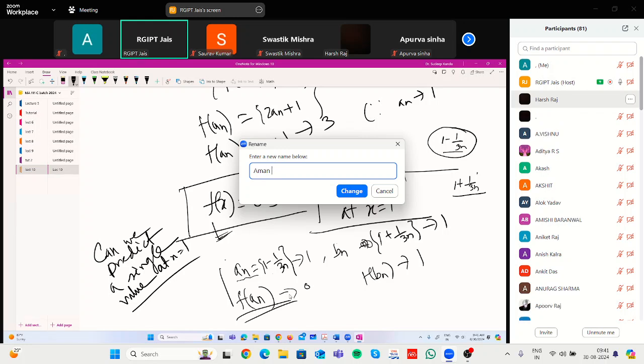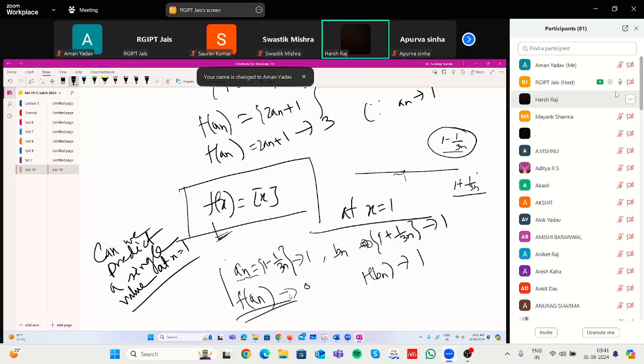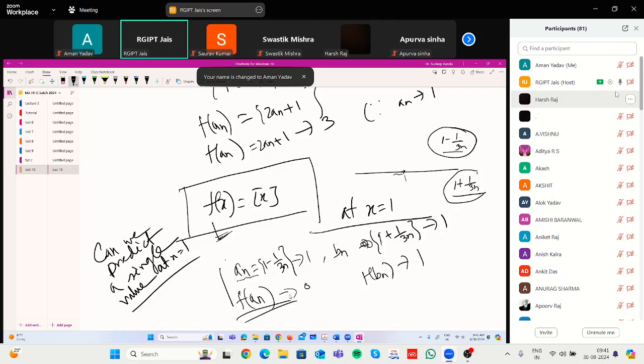Where does this sequence converge? Also to 1. So both sequences converge to 1. Is it clear?